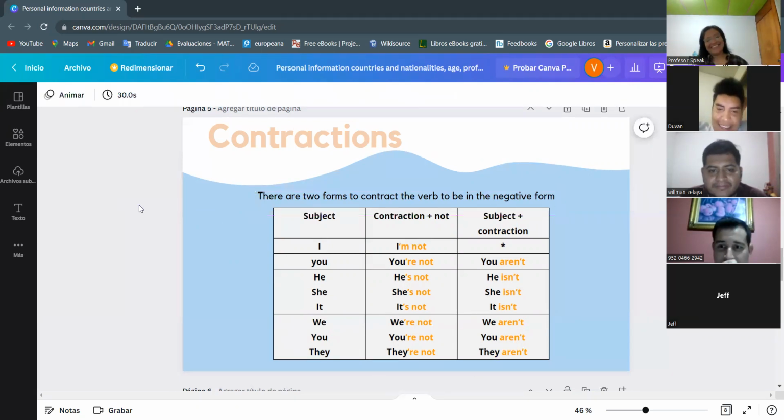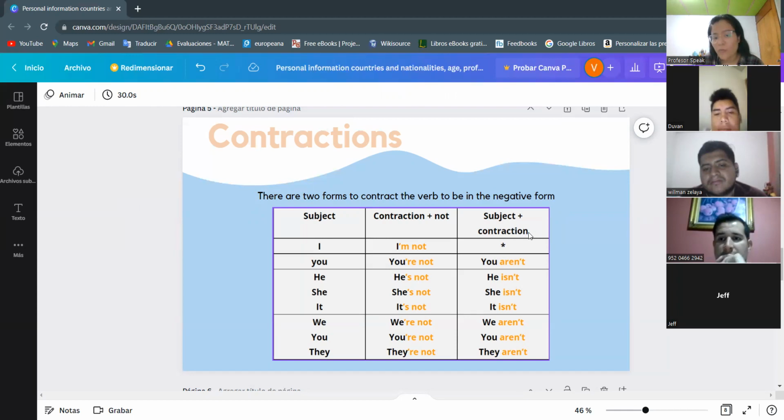Contractions. They are used to form the contraction of the verb to be in the negative form. Okay, so as you can see, you have contraction plus not and subject plus contraction. What does it mean?